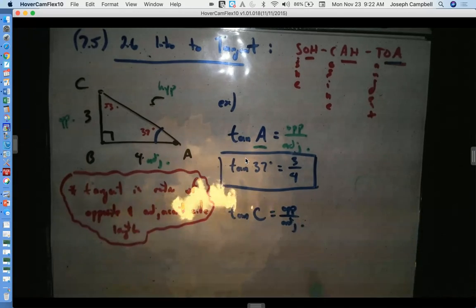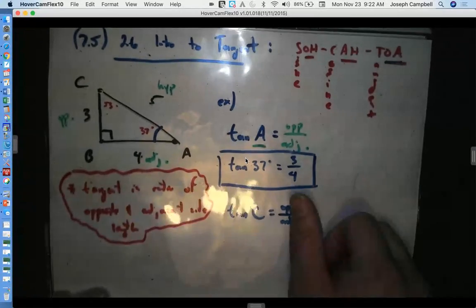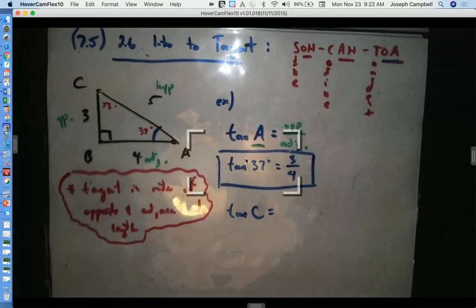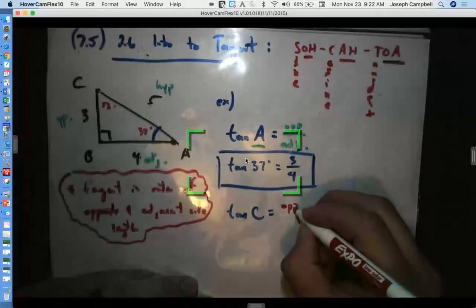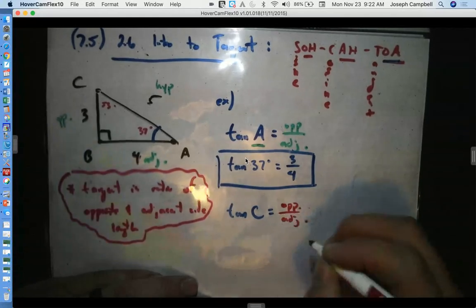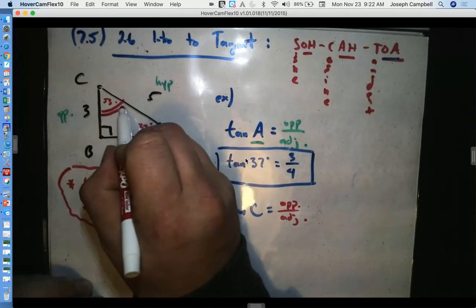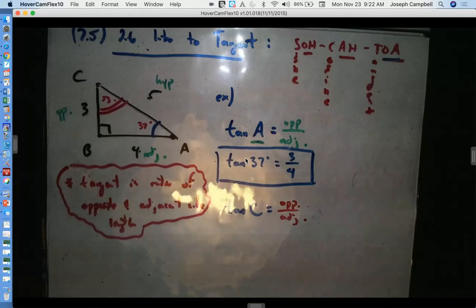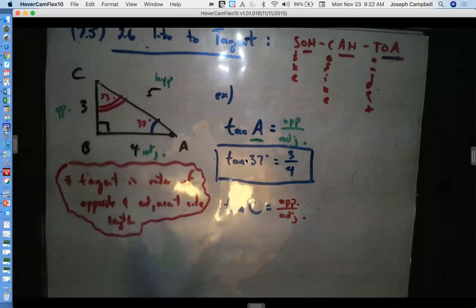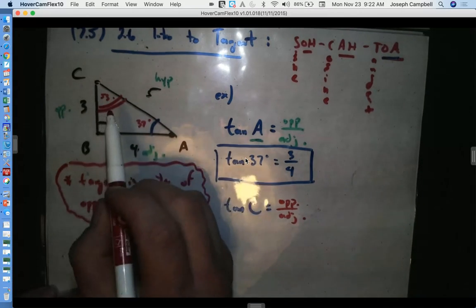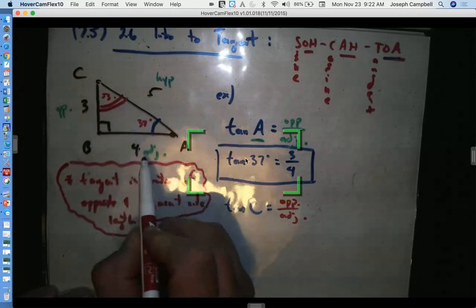But look, if I'm looking from angle C now, I'll do this in red. This is the angle from which I'm looking now, right? So what was opposite and adjacent have now swapped. Because what's opposite angle C? 4, right?